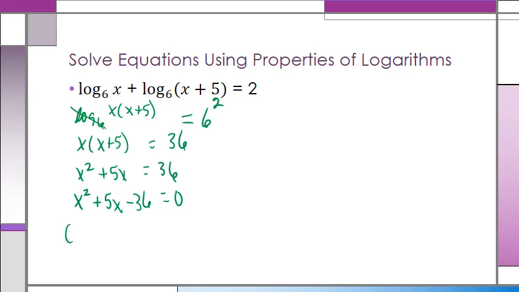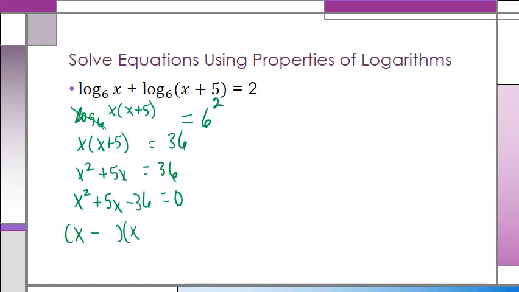Let's see, we have x. Our middle term is positive, our last term is negative. And so I need two numbers that are going to multiply to negative 36 and add to positive 5.